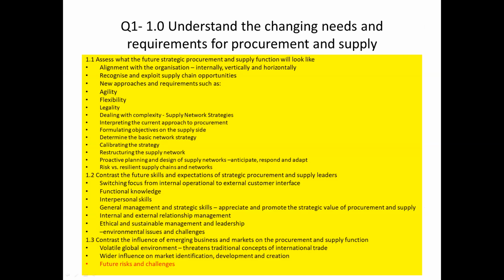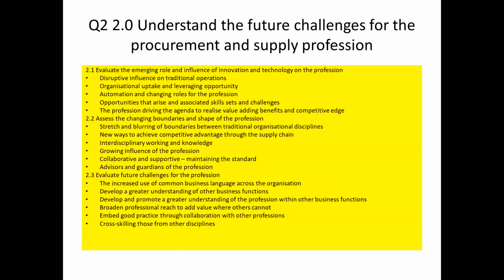Just to point out though, there on 1.3, right at the bottom, it does talk about future risks and challenges. So there is a big overlap with 2.3, which is, again, challenges. If we look at 2.3 there, future challenges for the profession. But the challenges on 2.3 are very much focused on the profession itself, how it's going to change and what it's going to have to do.